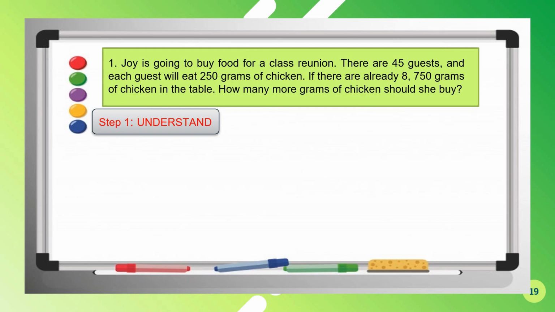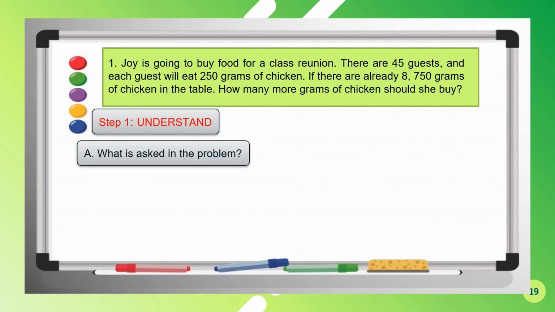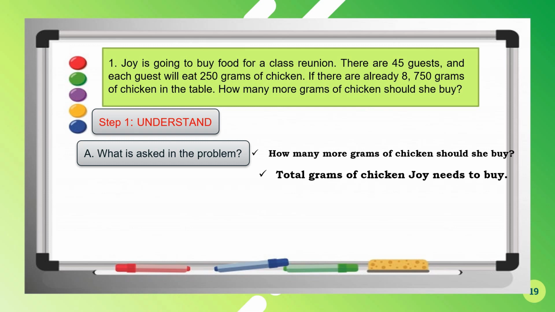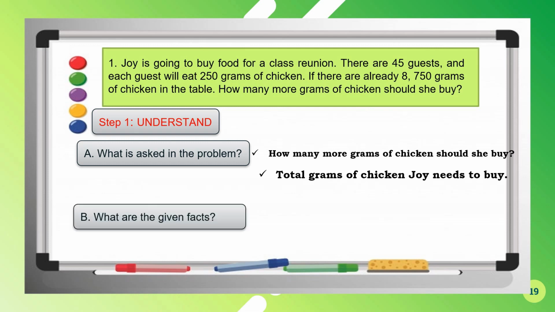To solve this, we must follow the steps in solving word problems. So step 1 is understand. We need to identify what is asked in the problem. So we can write how many more grams of chicken should she buy, or the total grams of chicken Joy needs to buy.